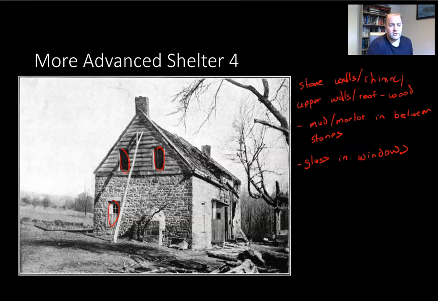Problem is that lets cold air in when you want to stay warm. Having glass in your windows is a way to have the best of both worlds. Now, it's not going to be perfect, but it is an improvement. It's a way to include windows in your shelter, but also not let all the heat escape, and make sure the shelter doesn't get too cold when you want it to be warmer.